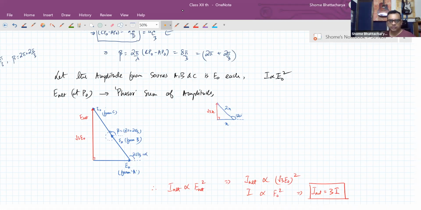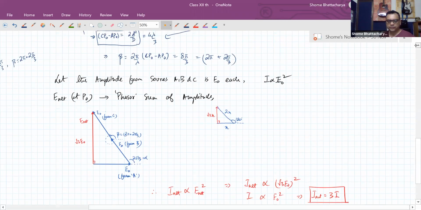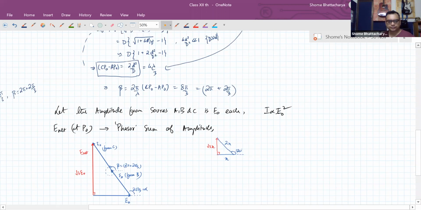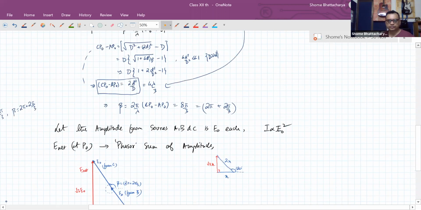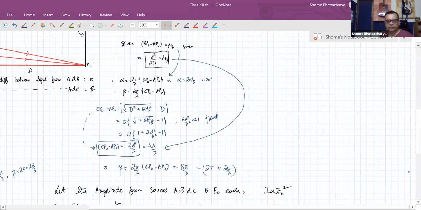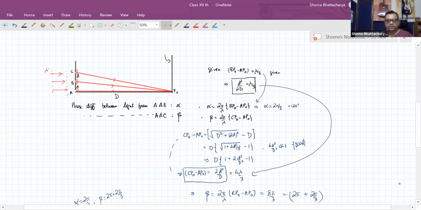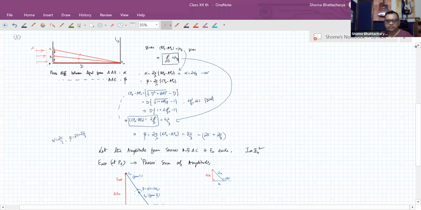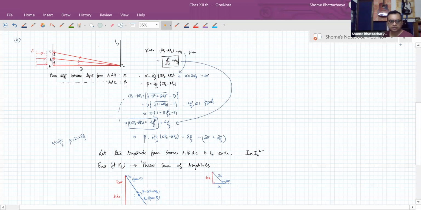Okay, people. So hope this question is fully clear. So I will just, yes, just give me a minute. I will show you the whole calculation once. Yeah. So this is the part where we calculate the path difference for light coming from two sources like this, the three sources rather.